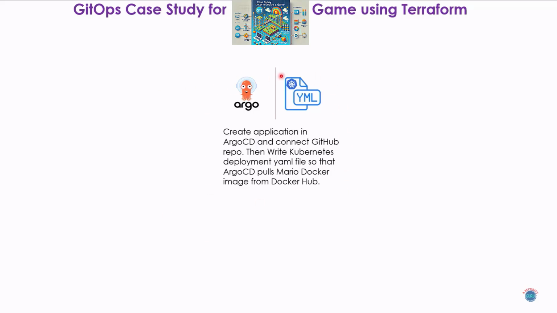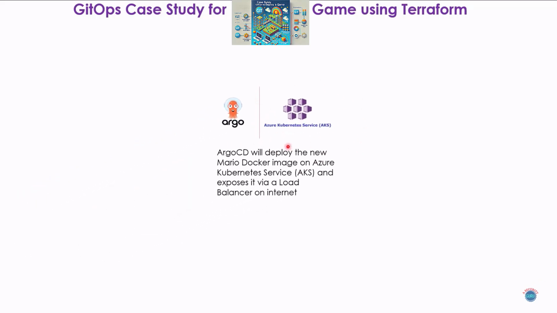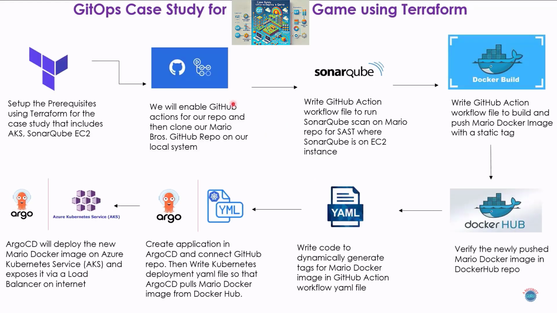Once we have completed this step, we will be able to deploy our Mario Docker image to Azure Kubernetes cluster with the help of ArgoCD. ArgoCD will also expose a load balancer on internet so that we could play our Mario game in a browser over the internet. Hence, these are all the steps that we will be learning while implementing the GitOps case study.